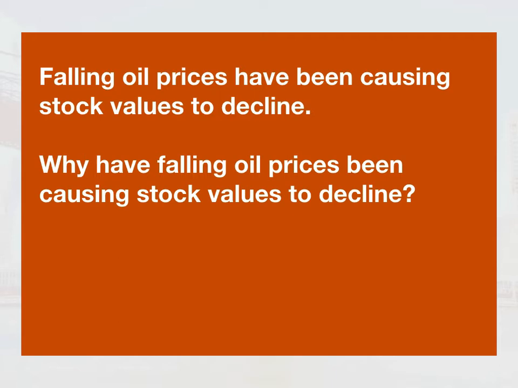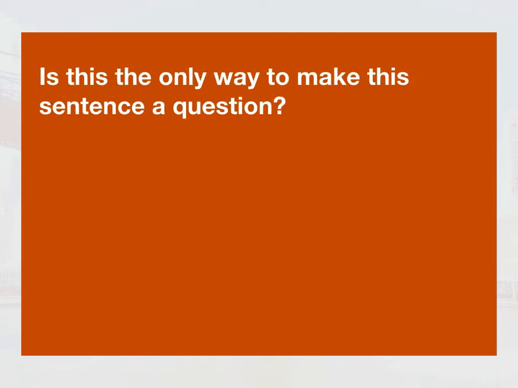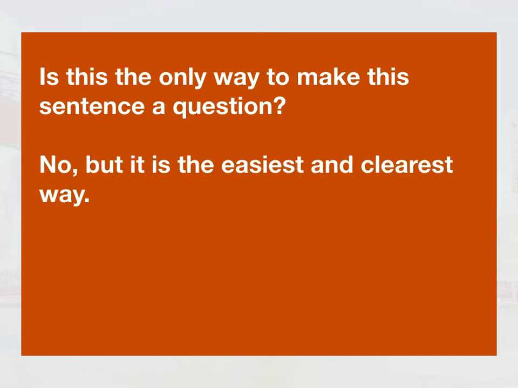And in this case, we're in the verb tense of present perfect. So we have this sense of inversion, and is this the only way to make this sentence a question? No, it's not. But it is the easiest and the clearest way. So it's the way that we will do it most often.